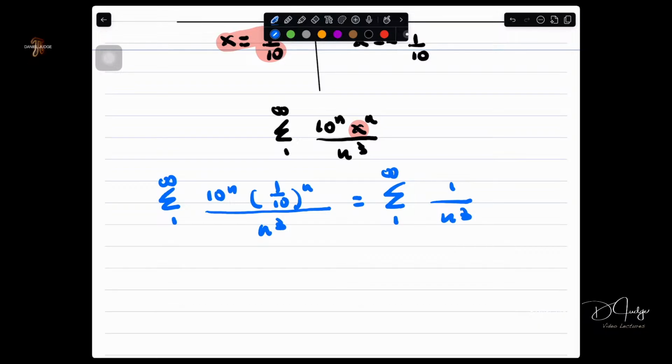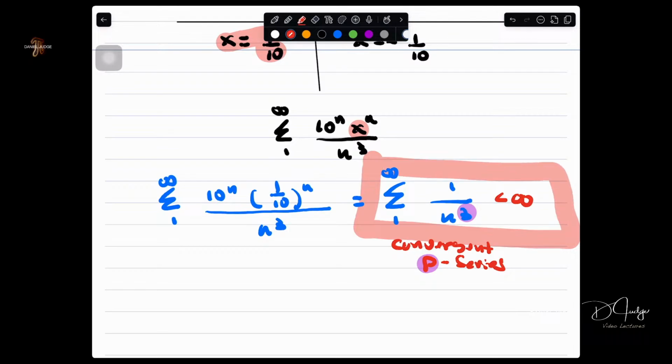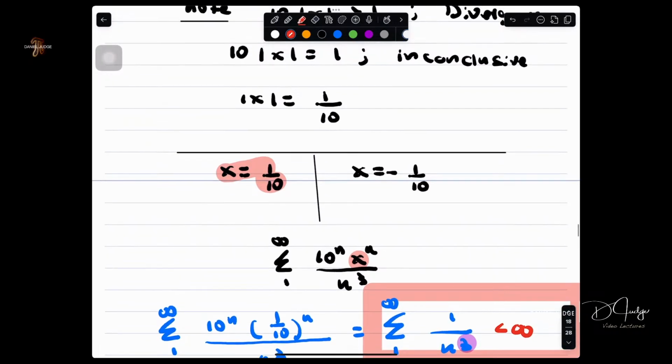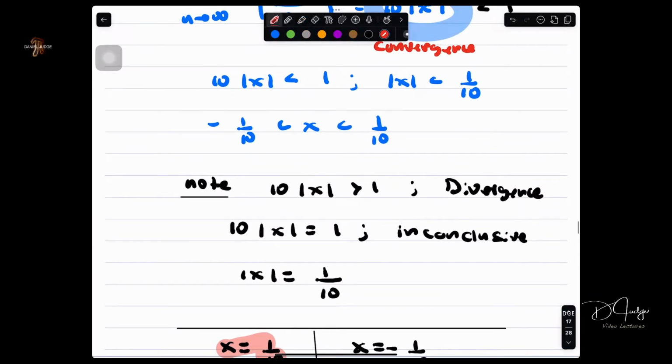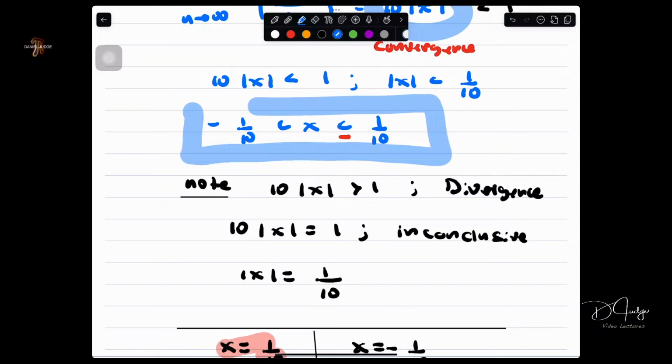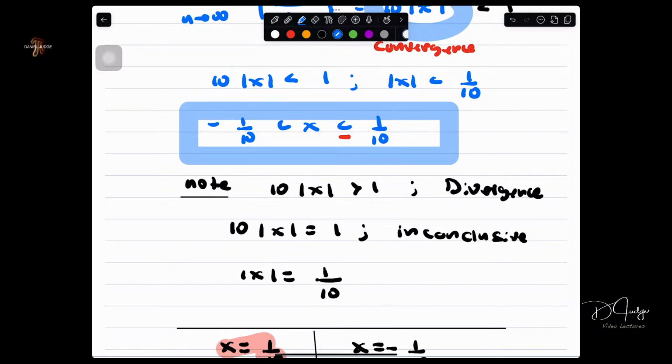This converges. You got a convergent p-series because the p-value is the power here. Any power bigger than 1 is convergent. So we know this already. So when x is 1/10, we get convergence, which means I can include in the interval, which is what we're looking for here, this interval of convergence, we can include the 1/10.